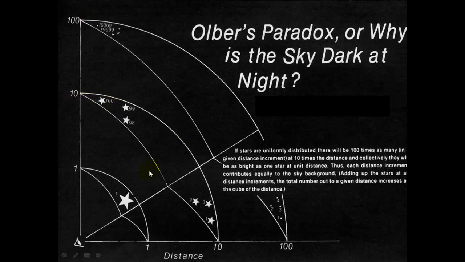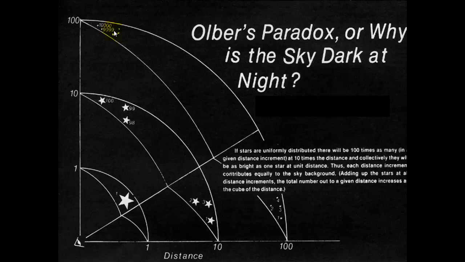If you go to 100 units, the area is going to be 100 squared times as big, which is 100 times 100, 10,000. You're going to get 10,000 times as many stars, but each star, because we're 100 times farther away, is going to give us a 10,000th of the amount of light.